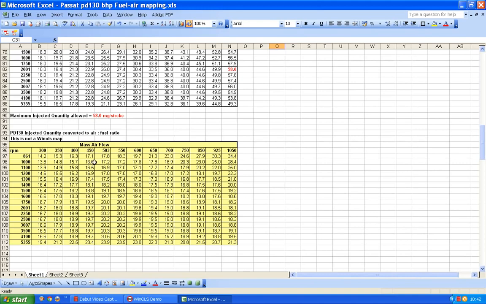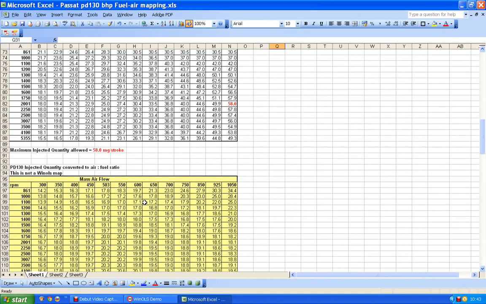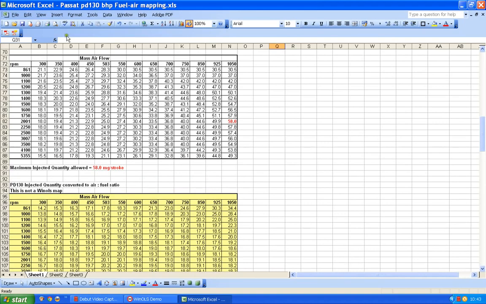Now, where did this come from? Well, this map isn't in Winols. This is one that I've made up, because basically all I've done is I've taken the number on the smoke map for the amount of air, and I've divided it by the amount of fuel that the designers were injecting at that point. So in other words, this number here is simply that number there divided by that one, and then the next one down is that number divided by that one.